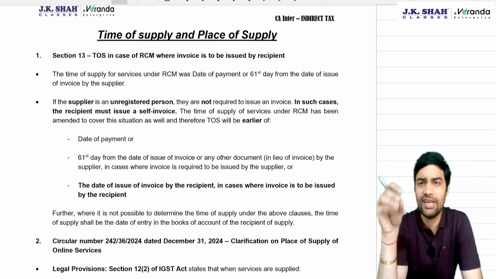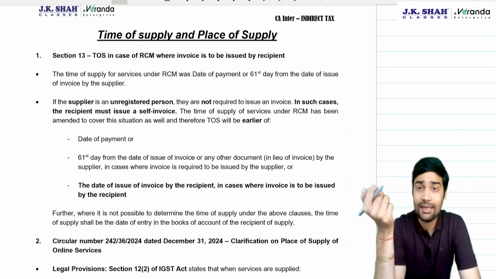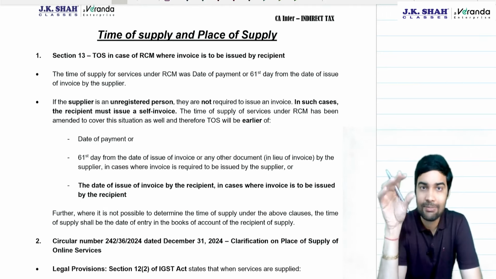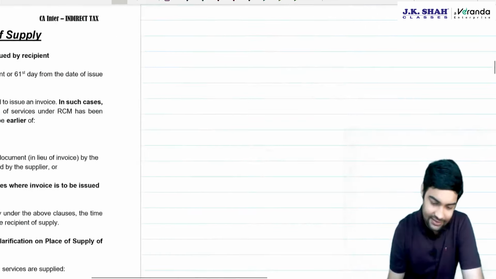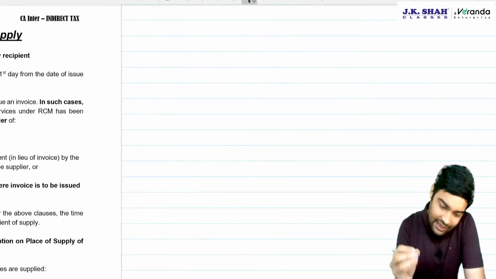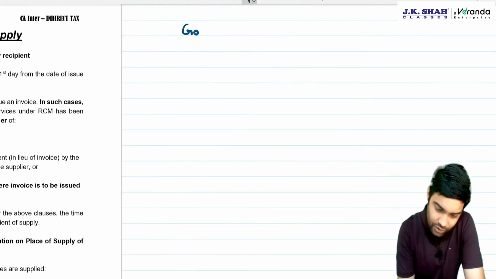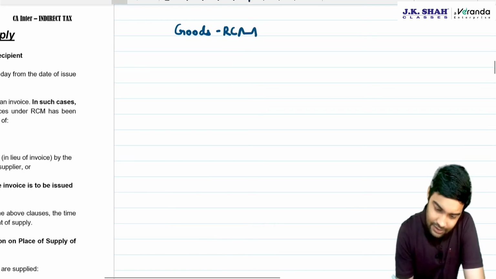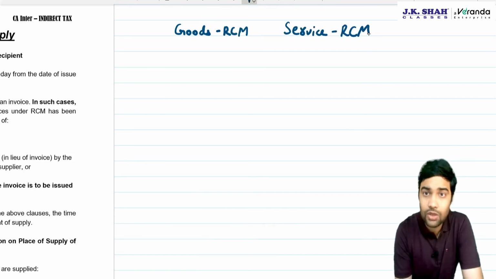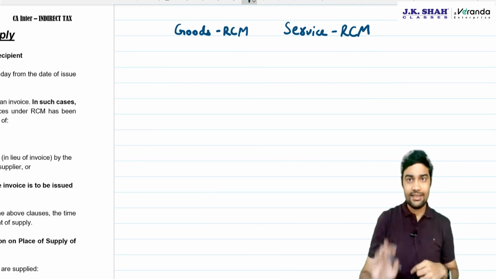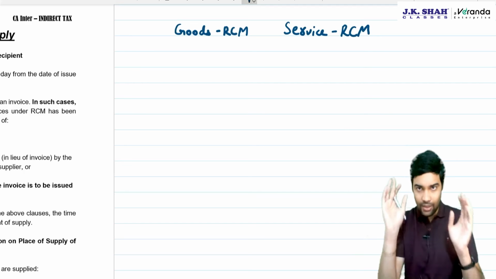Time of supply, one very basic amendment has happened. Let me explain the background behind it. See, time of supply for goods under RCM and for services under RCM. Let me tell you what the time of supply was earlier, then we will see what has happened now.